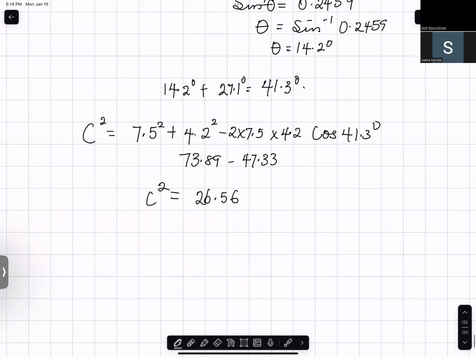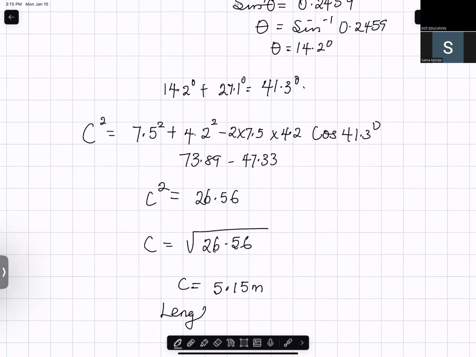We have c as root of 26.56, so c is 5.15 meters. Therefore the length of the diagonal AC is equal to 5.15 meters.